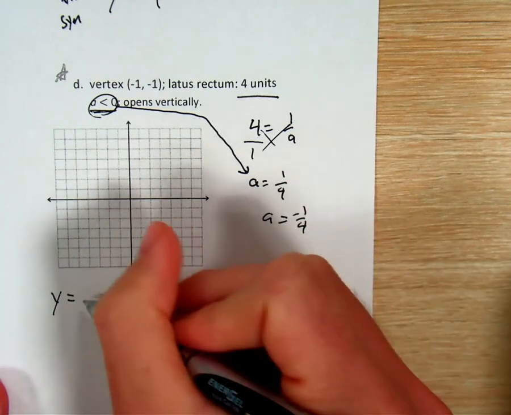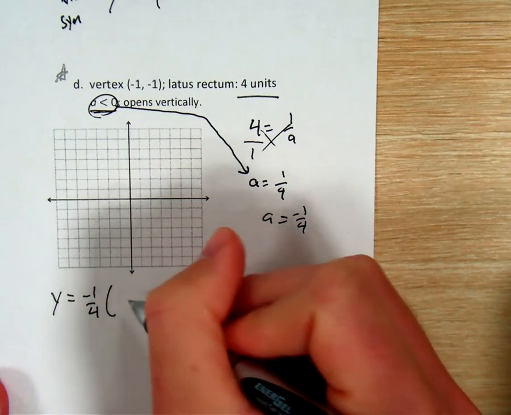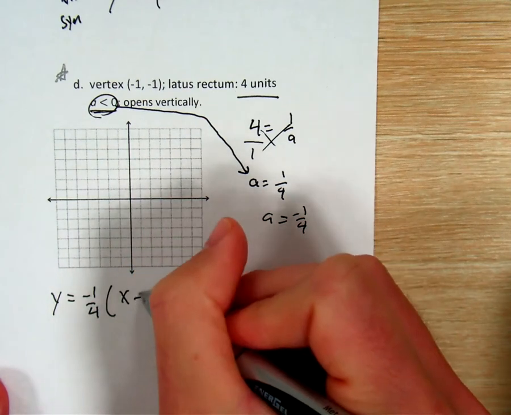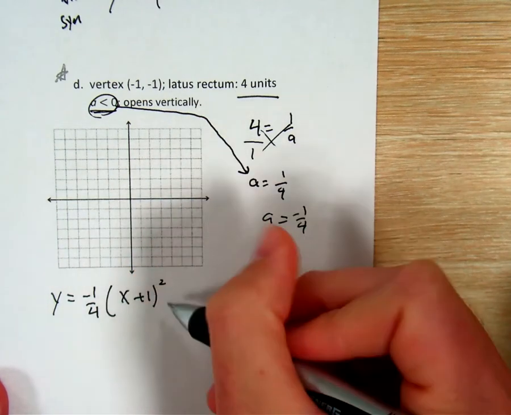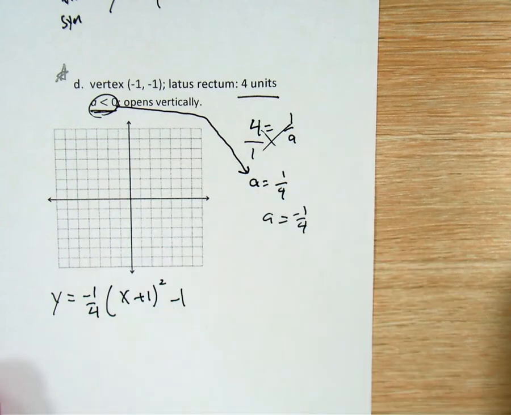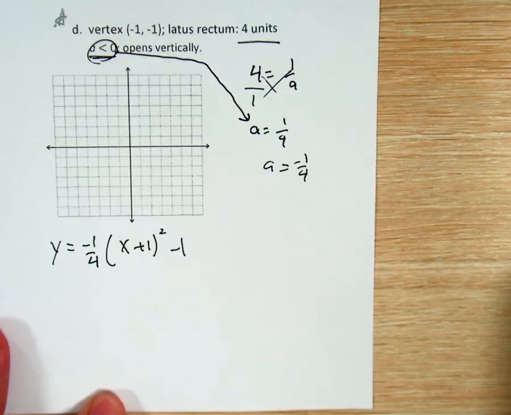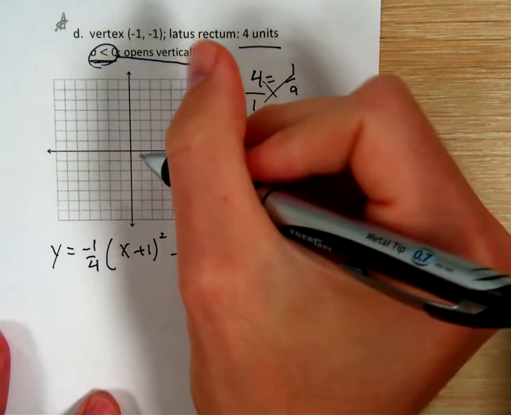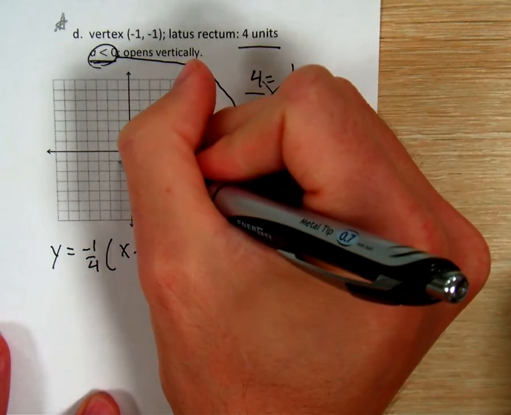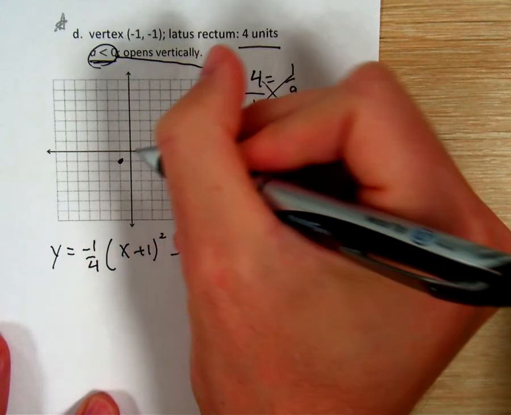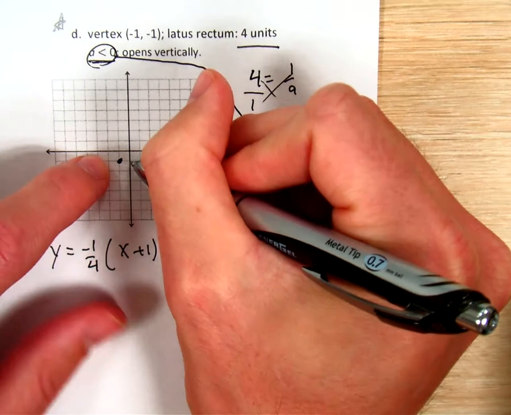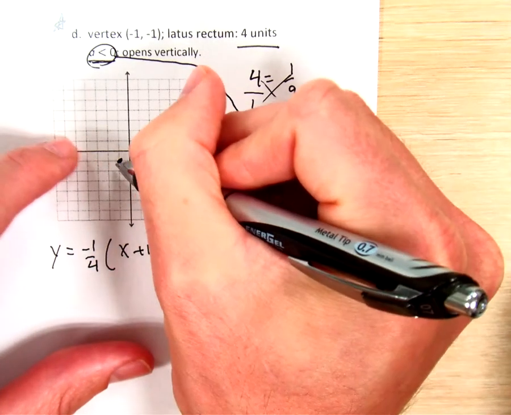And then I have the vertex, so I have everything I need for my equation here. It's opening vertically, which is going to be y equals our a value, negative 1/4, times x minus negative 1, so x plus 1 squared, minus 1. If I graph that, negative 1, negative 1 for the vertex.